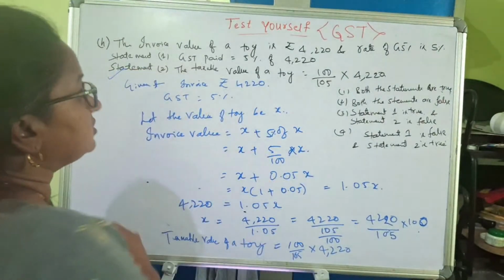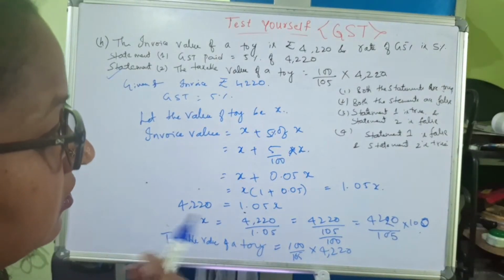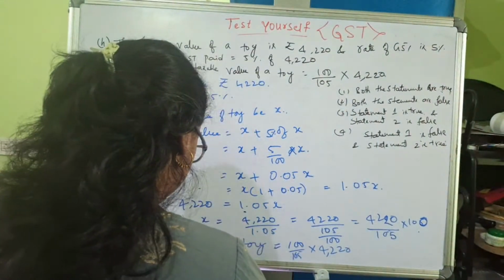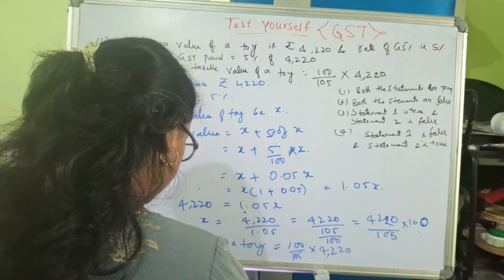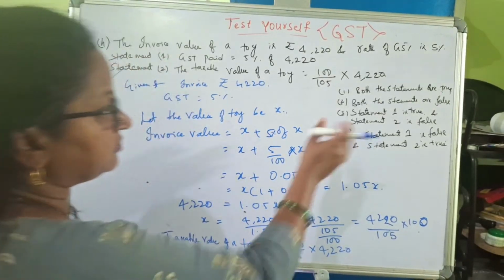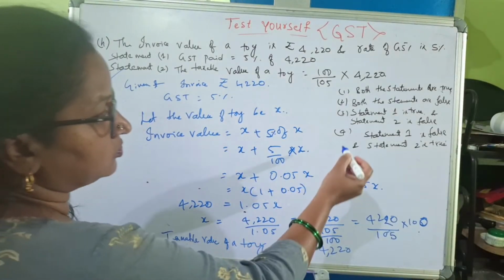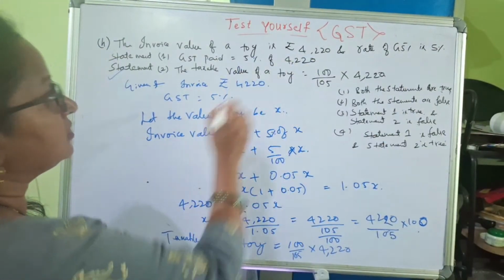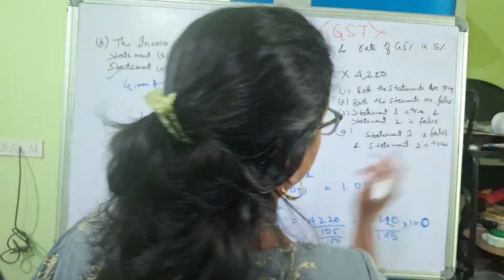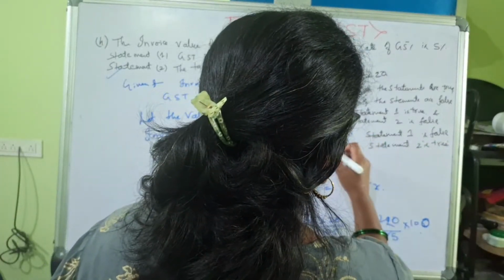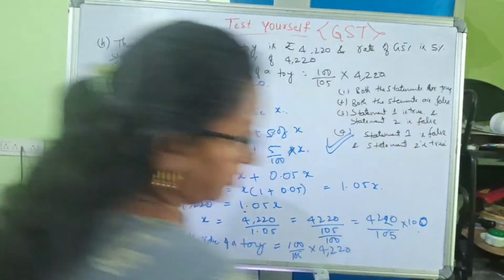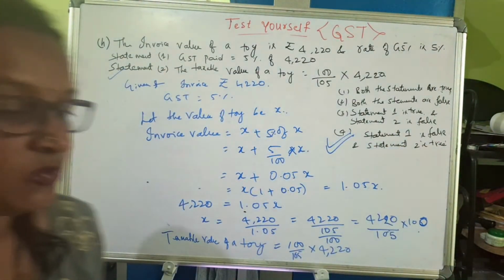So statement 2 is correct. According to the options, which option is correct? Statement 1 is false because the invoice value always includes GST, and statement 2 is correct. So the correct option is option 4. Please take the screenshot. We'll move on to the next question.